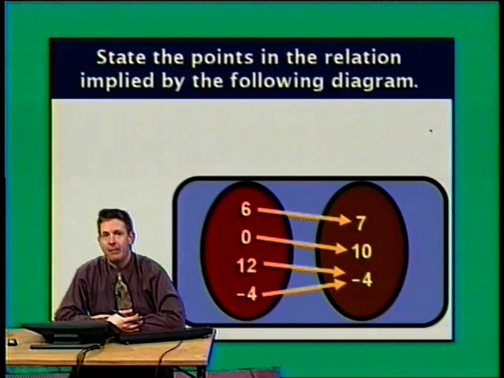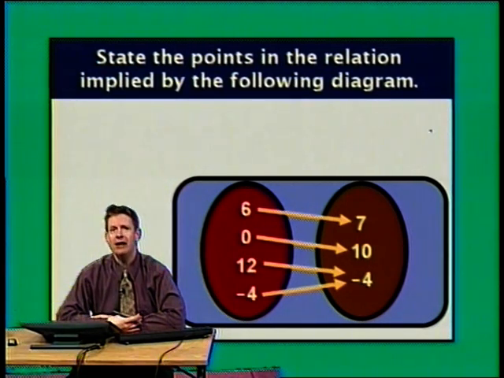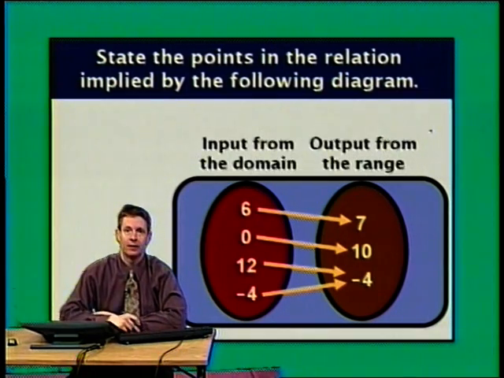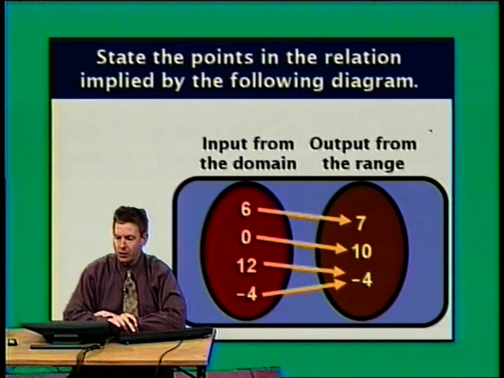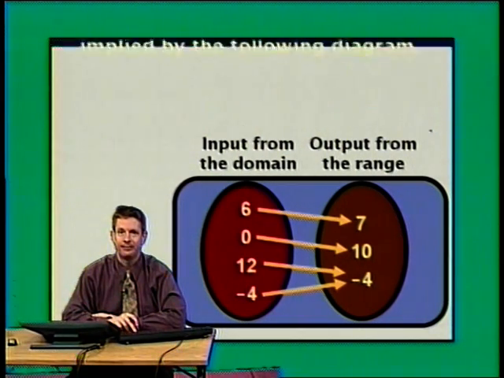In the next example, I have 4 numbers in the domain and I have 3 numbers in the range. We frequently talk about the numbers in the domain as being the input of the relation and the numbers in the range as being the output of the relation. So let's go ahead and write the points implied by this diagram.